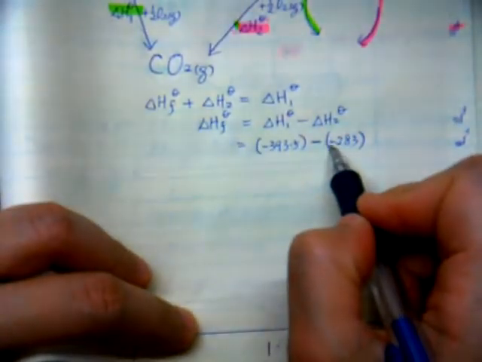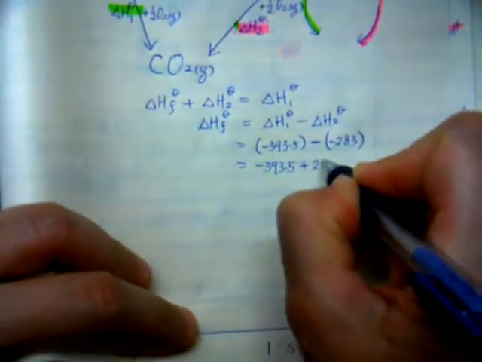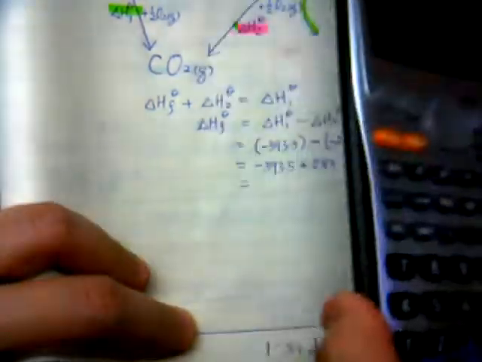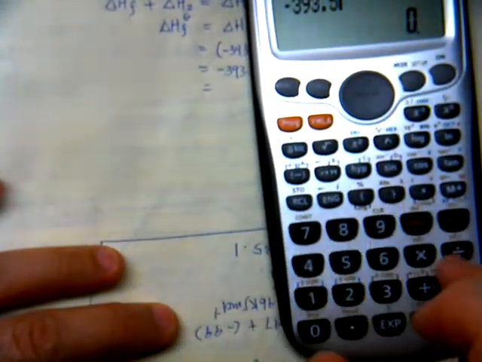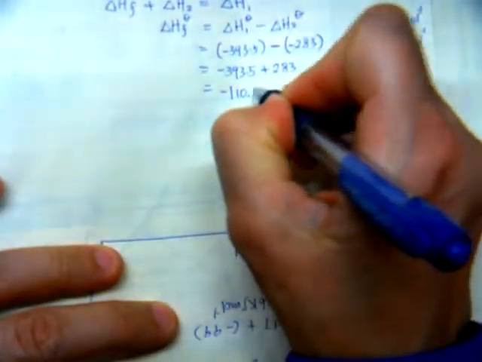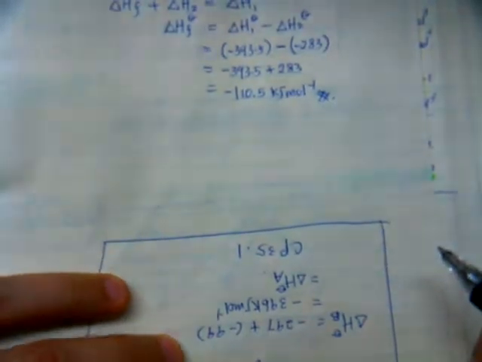That means plus. Finally, negative 110.5 kilojoule per mole. That's the answer.